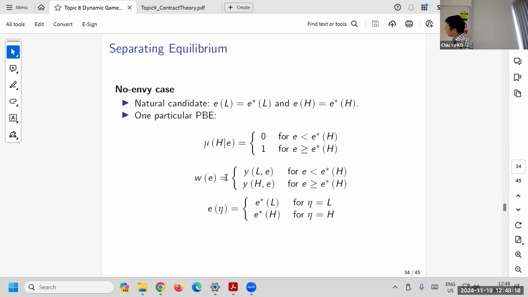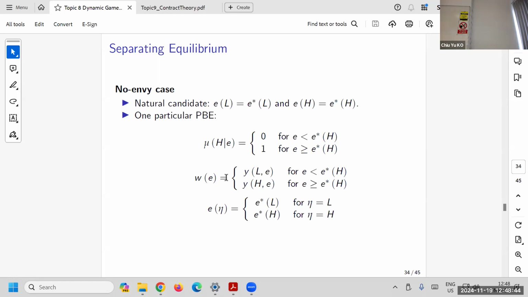Okay. So when we have no NV case, that's very simple, right? I know that the low type doesn't want to mimic the high type. So we just have the candidate where the low type chooses the optimal, the high type chooses the optimal, and then they separate.